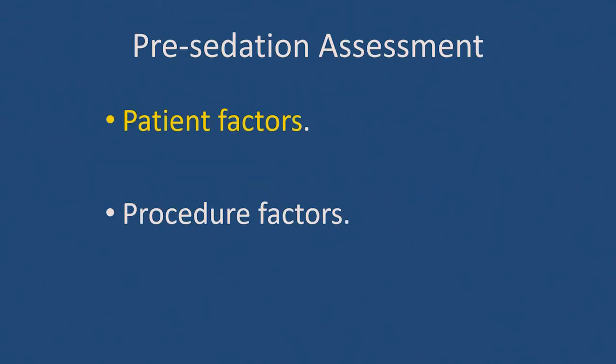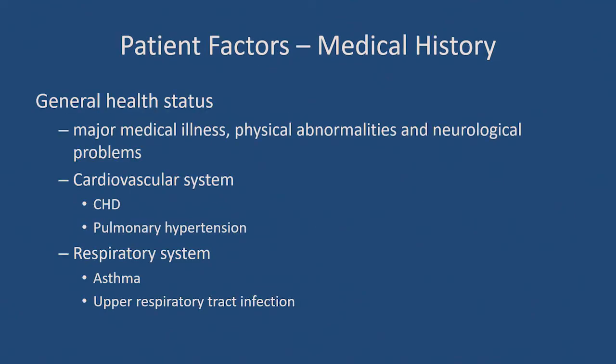Pre-sedation assessment should take into account patient factors as well as procedure factors. Medical history regarding general health status such as major illness, physical abnormalities, and neurological problems should be obtained.